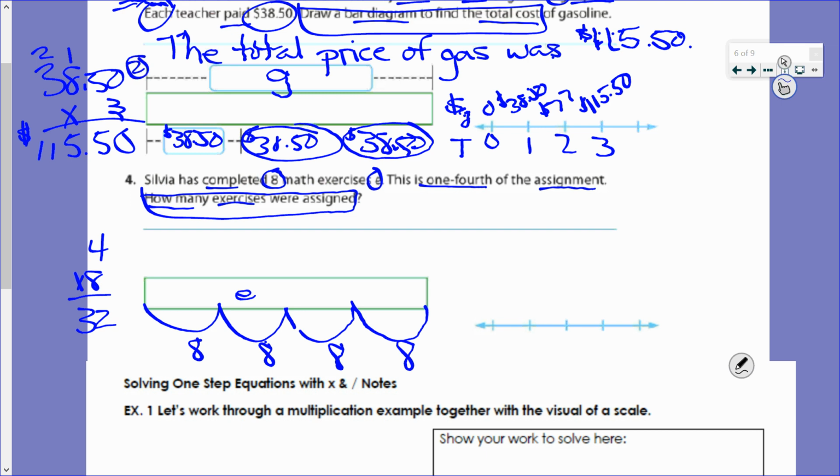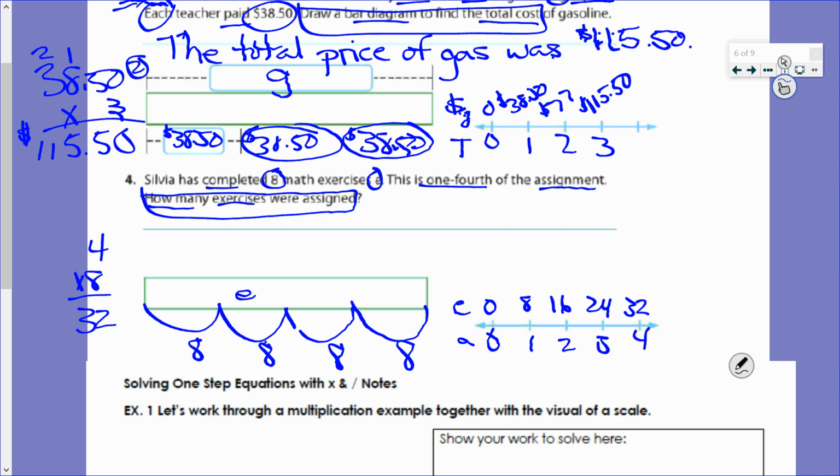The other way we can look at this is to start at 0. Our number of exercises for each portion of the assignment would have been 8 for the first fourth, 16 at the second fourth, 24 at the third fourth, and 32 once we had completed them.